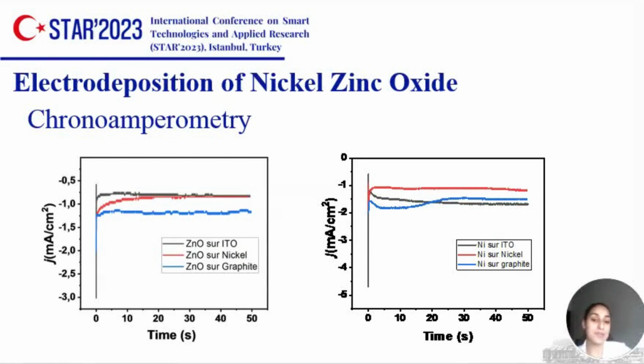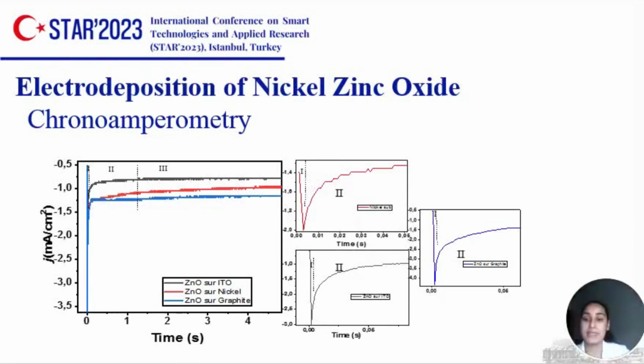The applied potentials on the chronoamperograms of the nickel zinc oxide materials were as follows: minus 1.21 volts for indium tin oxide, minus 1.21 volts for nickel, and minus 1.45 volts for graphite.